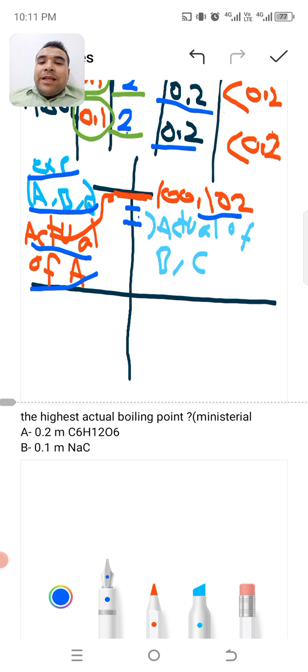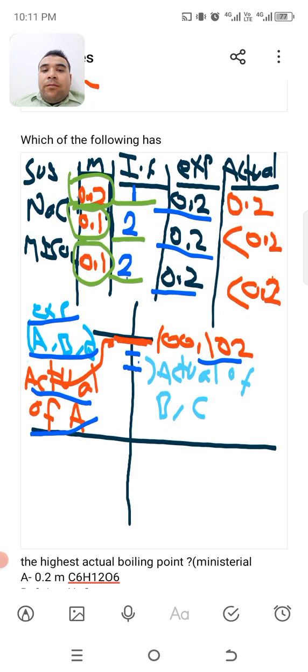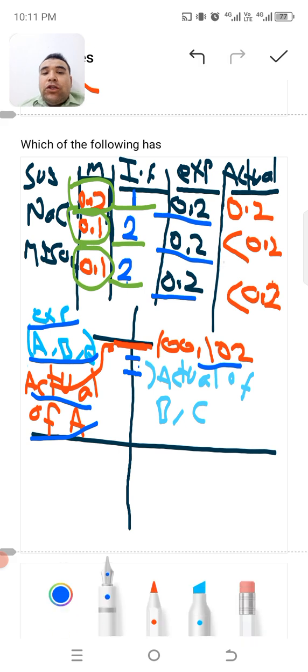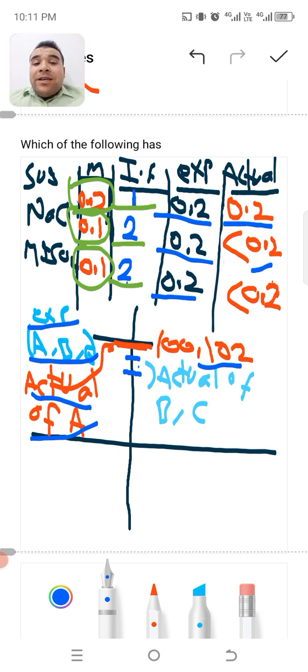So you can see that, guys, here the actual value of the sugar stays the same, but the actual value of NaCl must be lower. I mean 0.2 is when you multiply 0.2 by 0.51, you'll get 0.102.